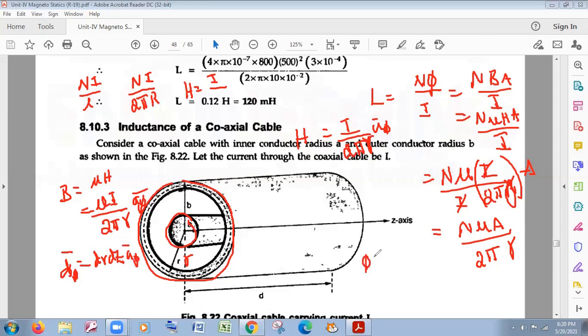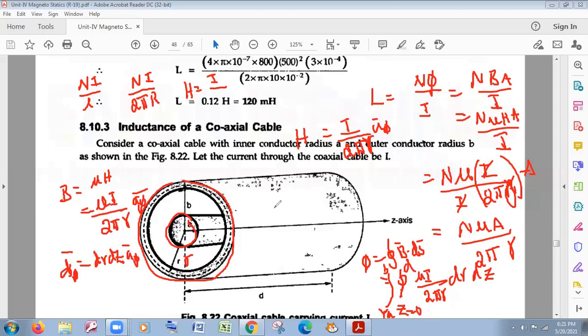So using phi is equal to the integral of B bar dot ds bar, that is the integral of mu I by 2 pi r A phi, and ds bar is dr dz. For dr, one integral: r varies from a to b, because the radius inside is a and outside is b. Another integral is for z; the distance is d, so z is equal to 0 to d.